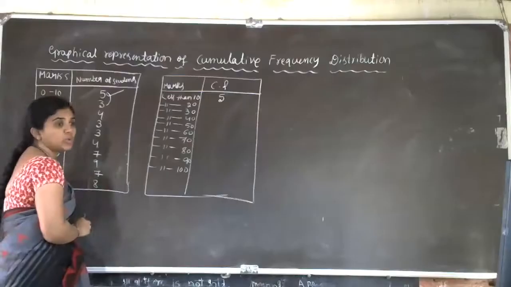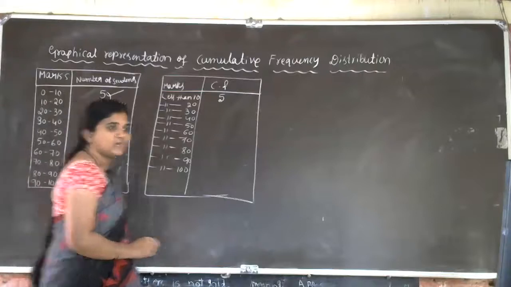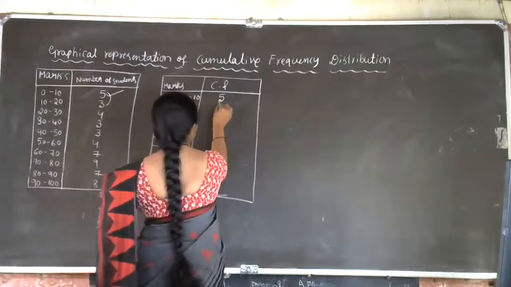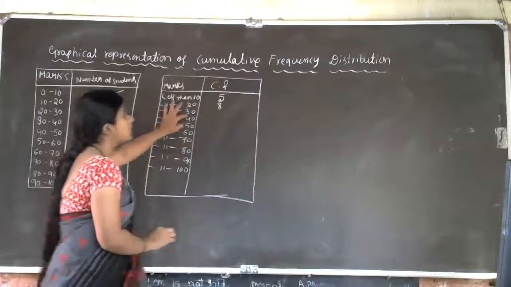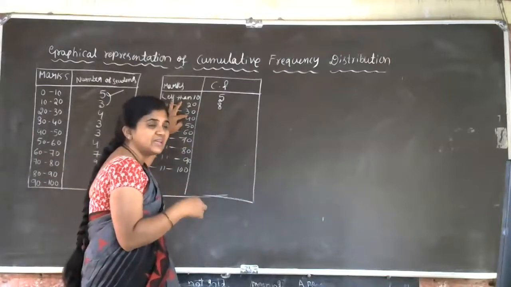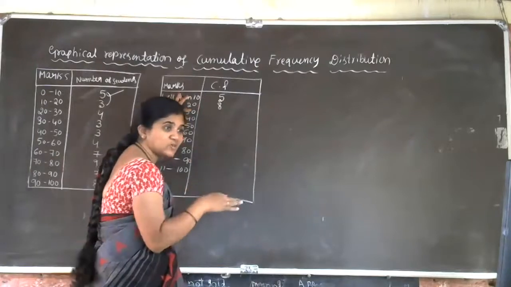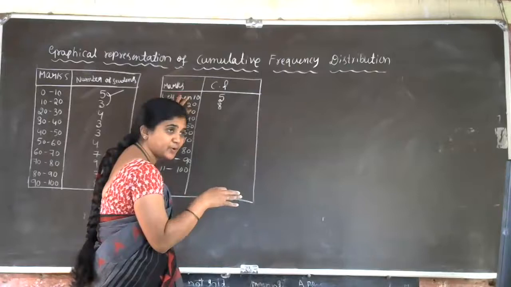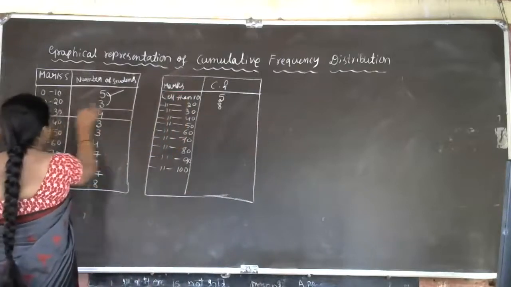So the next cumulative frequency is 8. Less than 20 is 8. Next, less than 30. In the sense, the less than 20 students are also added in the less than 30 group now. Yes, now in 20 to 30 a total of 4 members are there.